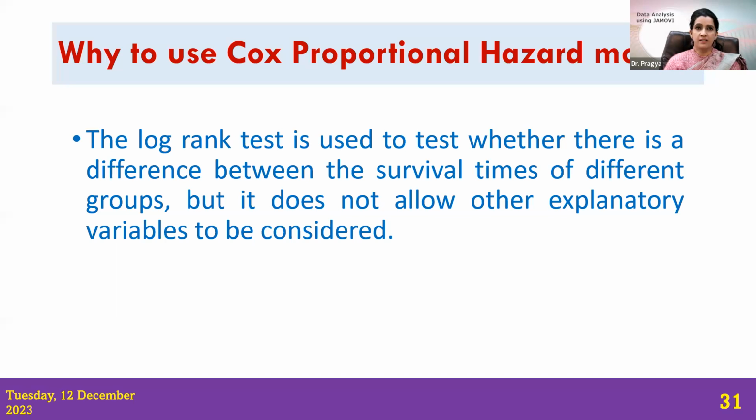These are the tests we use to compare the survival probability across two groups. But log rank is the most commonly used to check for statistical significance. But like I said, it does not take more than one factor into account.